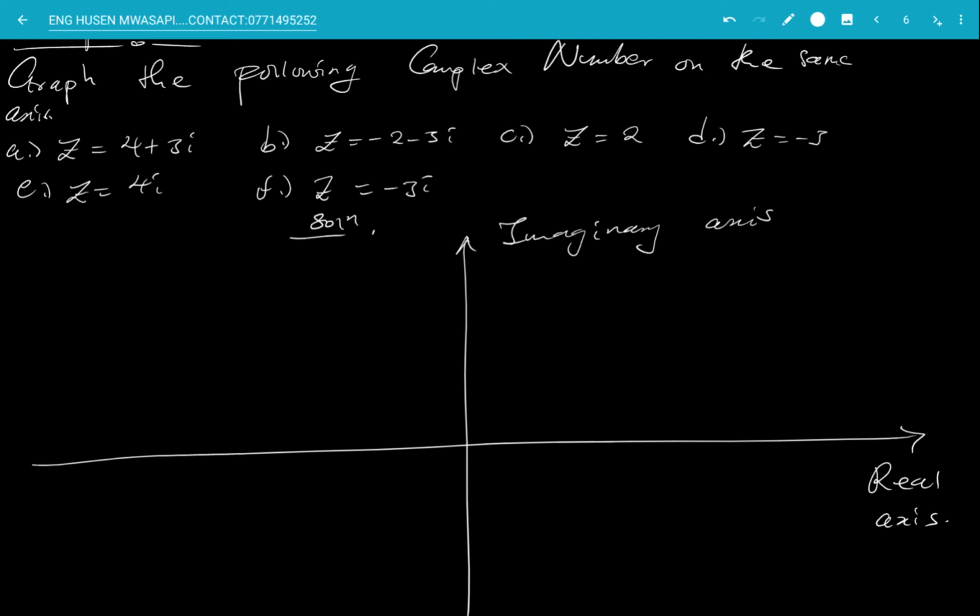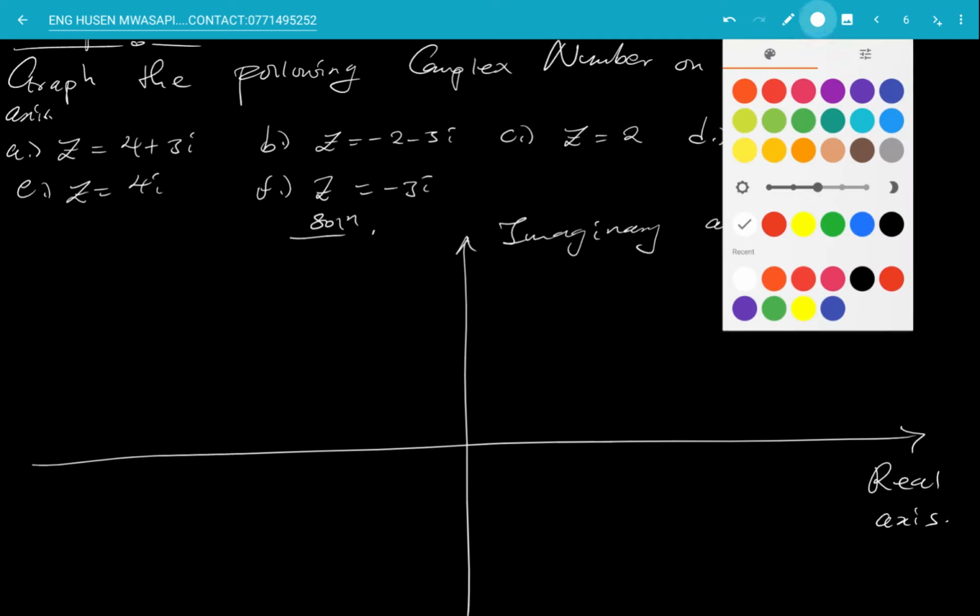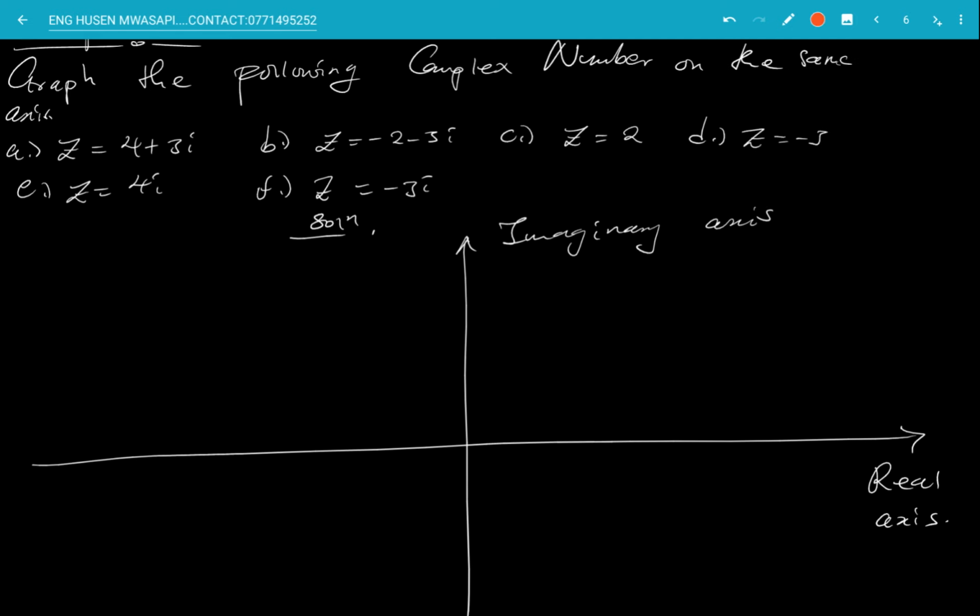Alright, now all we have to do first is simply collect some data. If you notice, A and B are written in the correct standard form, but the others are not really in a correct standard form. The way they are is okay, but in terms of plotting, just put it in a way you can understand.